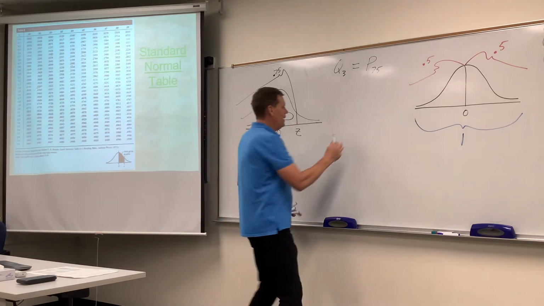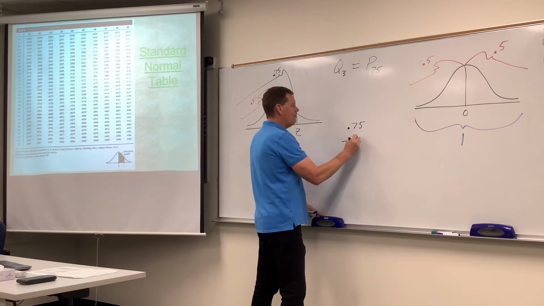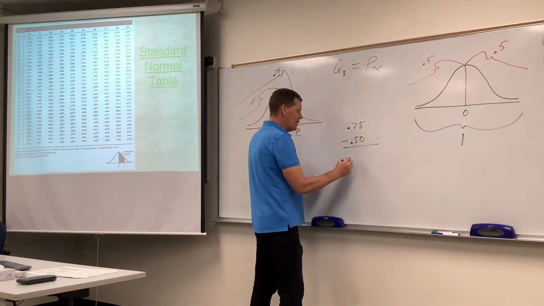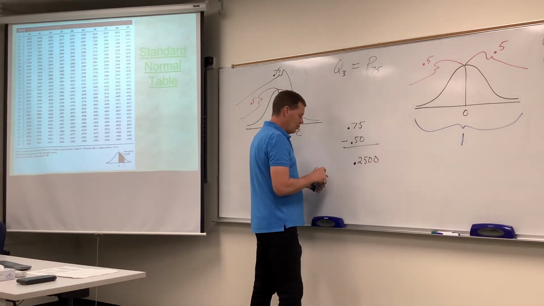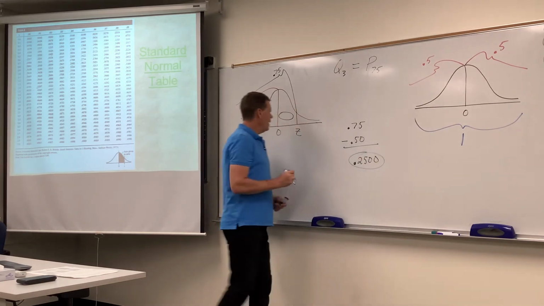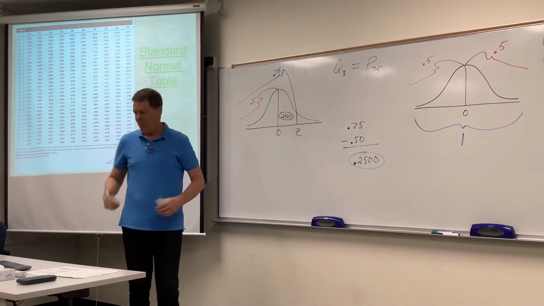Good idea. So we'll take that 75%, subtract that lower half of the bell curve, and that would leave a middle sliver of 25%, otherwise known as 0.2500. And that's our middle sliver right here, 0.2500.